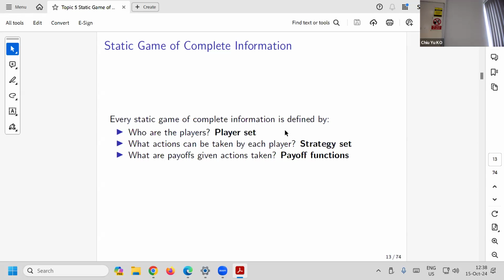You define carefully what players can do. And by carefully, I mean that usually if you say choose action 1, action 2, action 3, it's not a problem, right? But if it's more complicated, say you choose a number, you have to define well which numbers are available, right? Is it 0 to infinity or 0 to a maximum number?